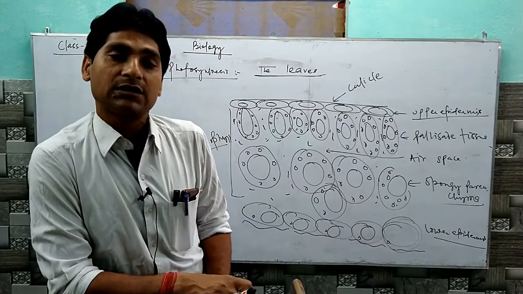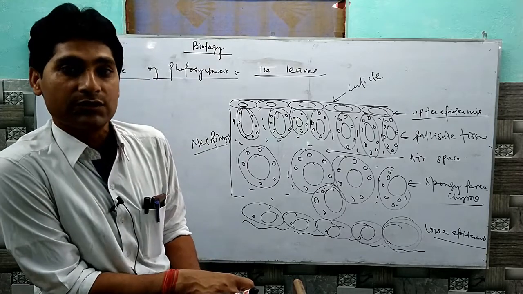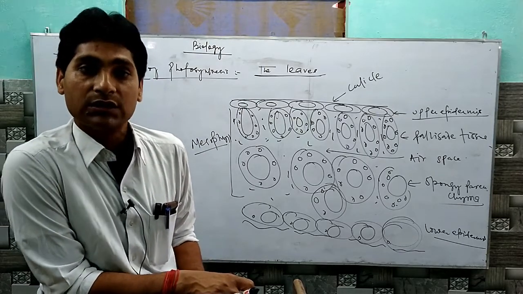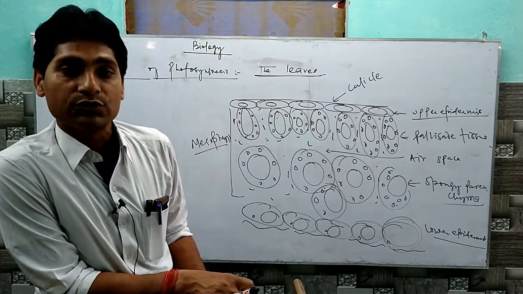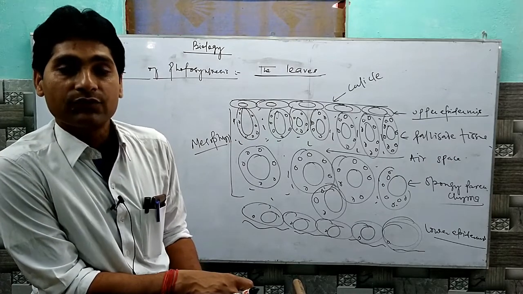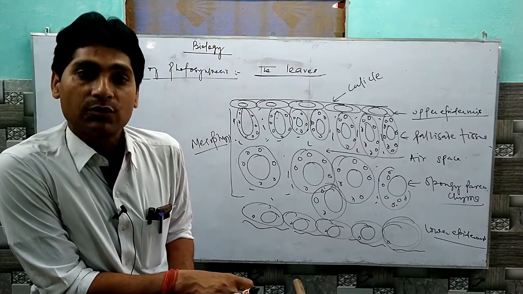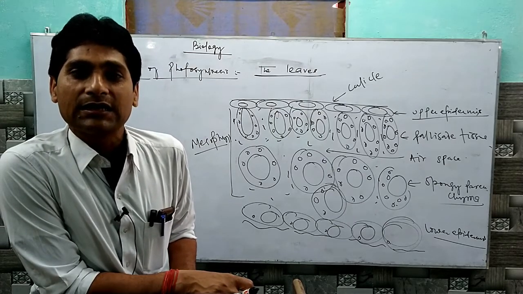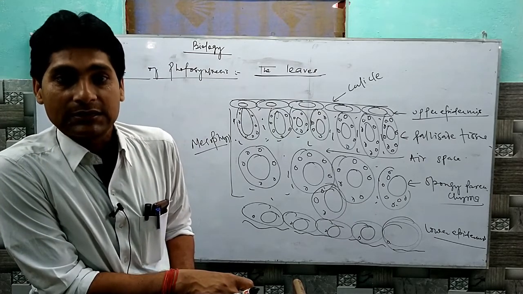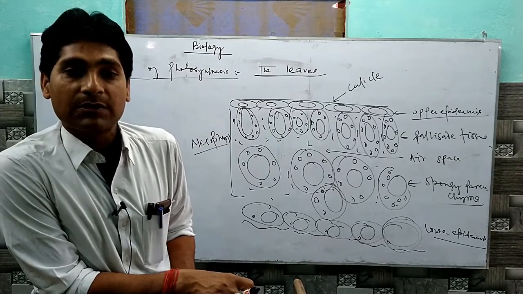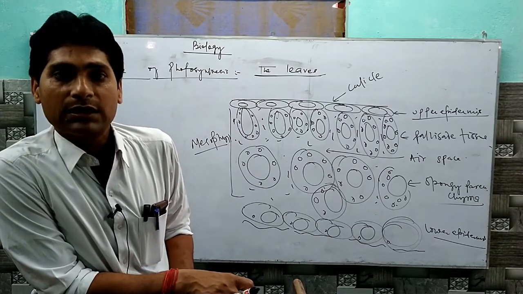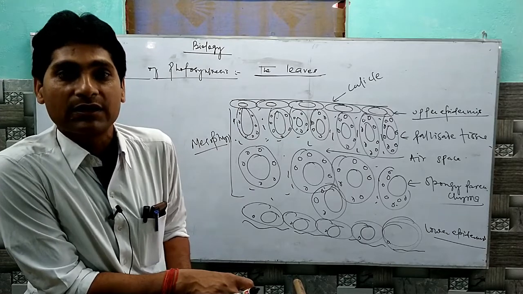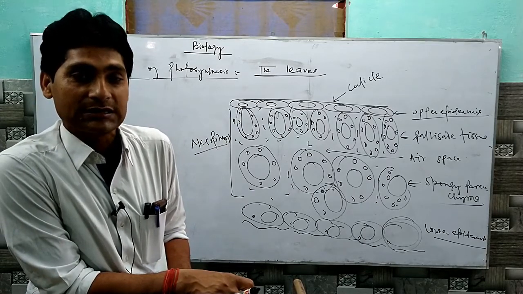The upper epidermis is transparent in nature, which allows sunlight to pass through to reach the mesophyll area. The mesophyll is the ground tissue of the leaf, which has a number of palisade and spongy parenchymal cells. These cells have abundant chloroplasts where the final process of photosynthesis takes place.